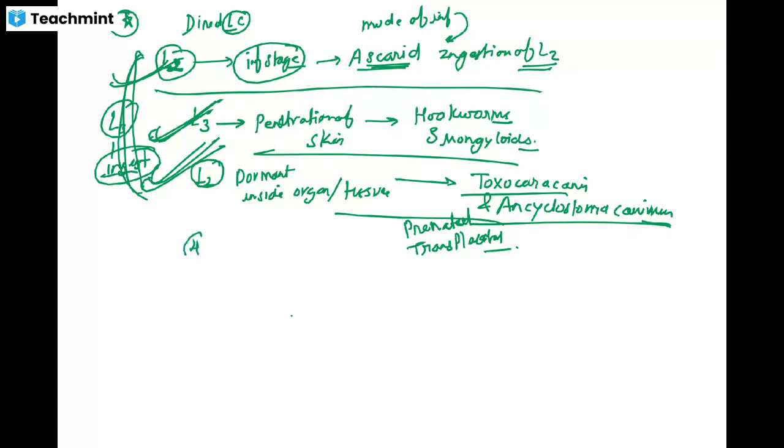And fourth one is migratory L2 in female mammals.